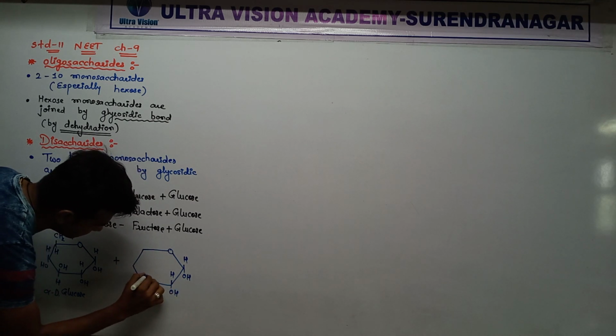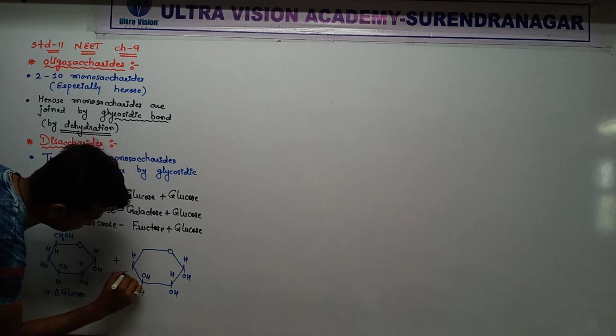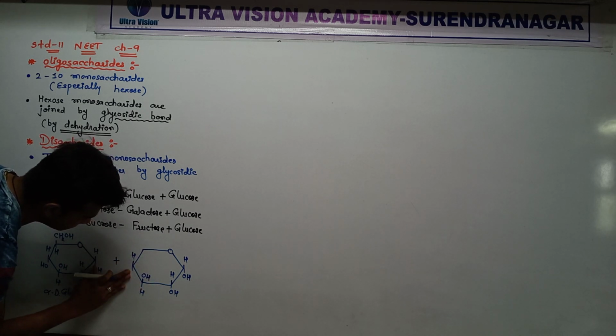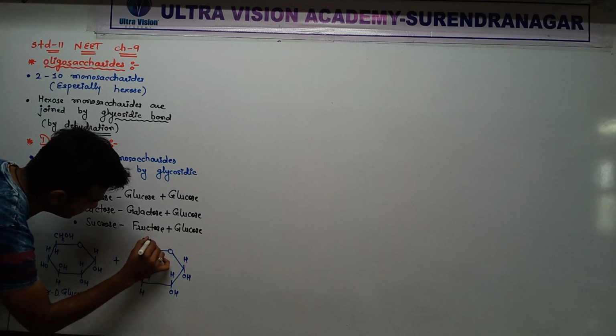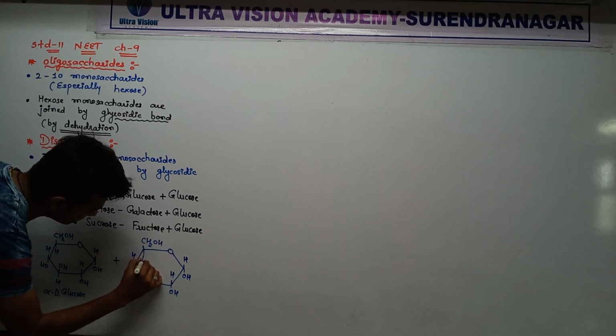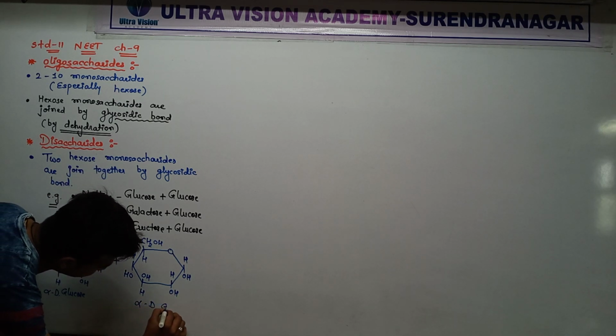On the third carbon OH is there. On the fourth carbon OH is there. And on the fifth carbon CH2OH is there. So this is also alpha D glucose.